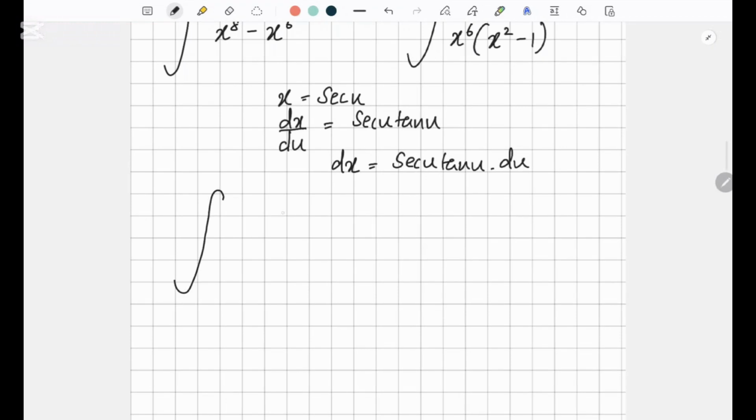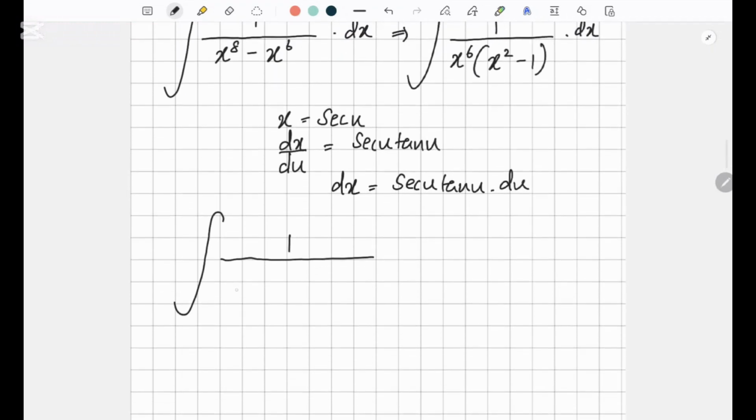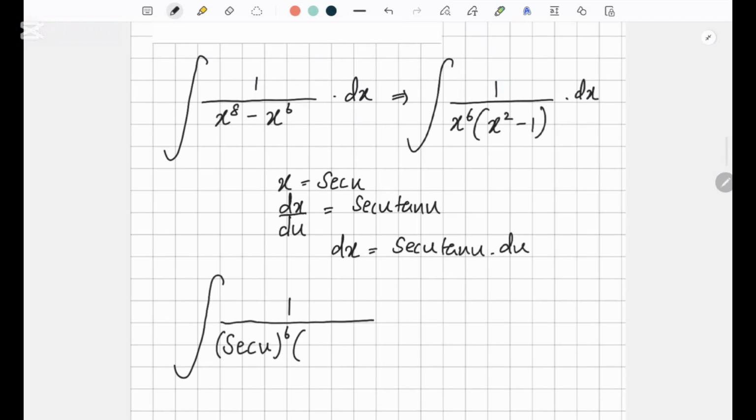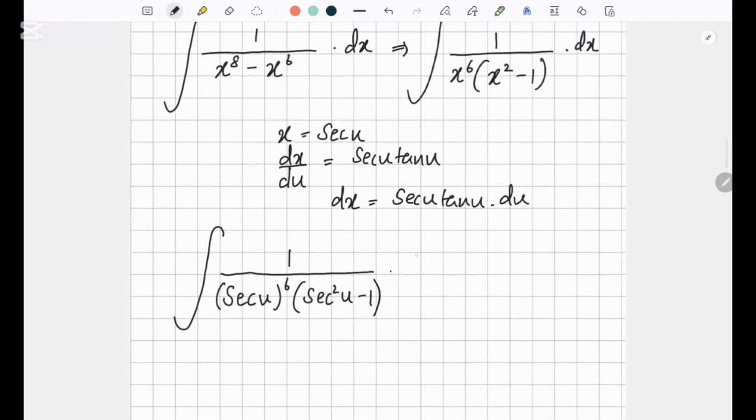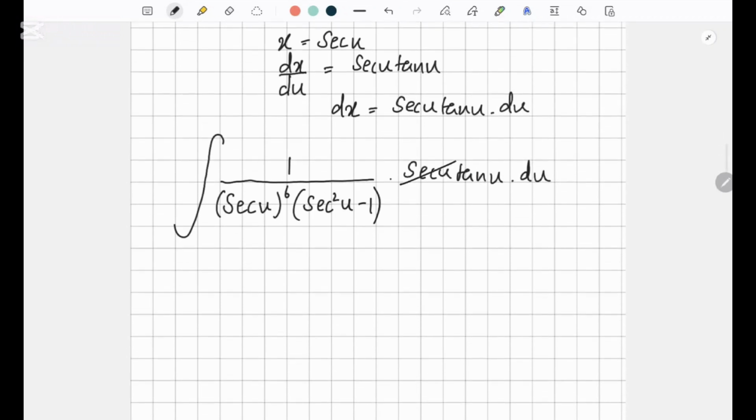Now when I go back to our question, 1 over x to the power 6 I can write as sec u to the power 6, and x squared minus 1 I could write as sec squared u minus 1, and instead of dx I'm going to write sec u tan u du. I can cancel this off. Now this will become sec u to the power 5, right?